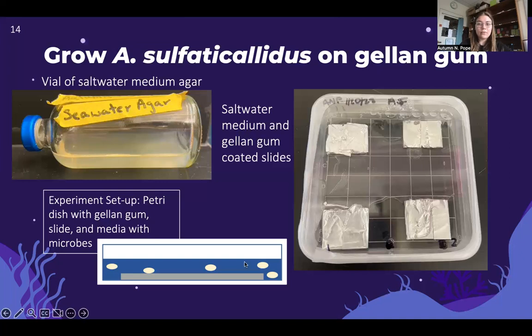But then I went back to the original plan of doing it in a petri dish, and this worked a lot better with allowing the gels to solidify. You can kind of see this pink tint here. That is the gellan gum on the slides, and these are the slides that would allow the microbes to grow in that inoculated saltwater medium.